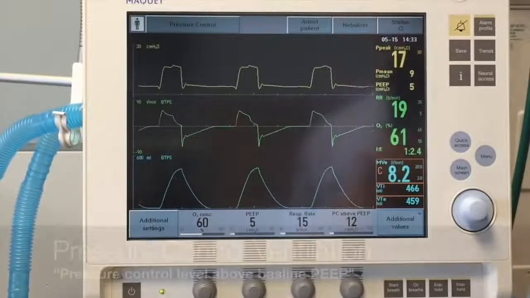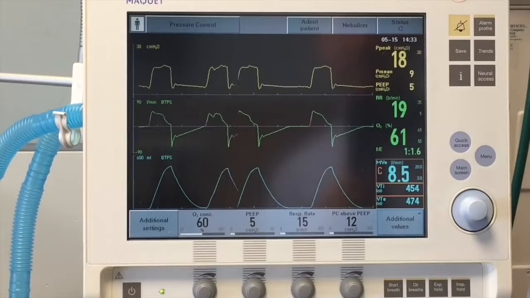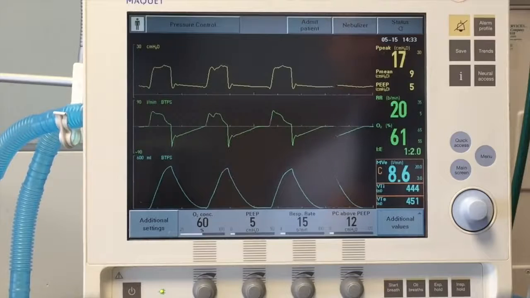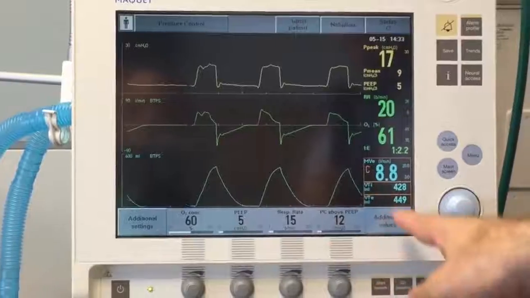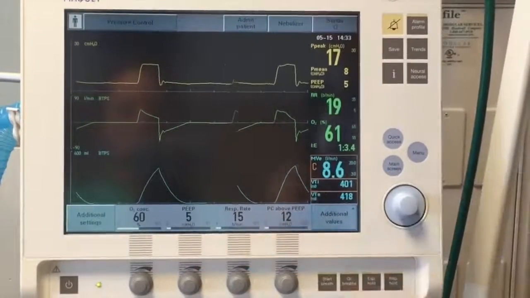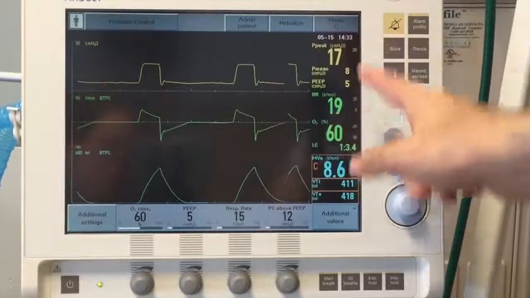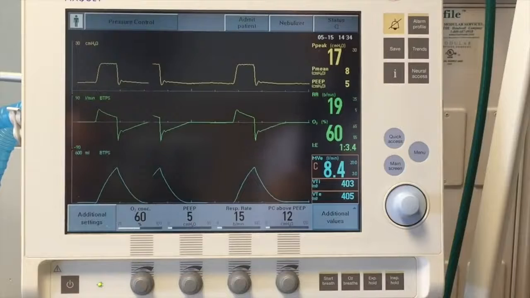This is an example of what the Servo-i looks like if you set the patient on pressure control. Again, as I mentioned before, you don't set a tidal volume, you set a pressure control level above a certain PEEP. And here, for example, we're on pressure control 12 over a PEEP of 5 with a total pressure target of 17. The respiratory rate is set and the FiO2 is set.